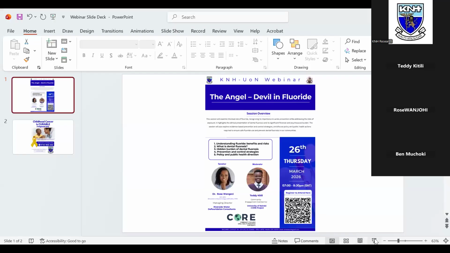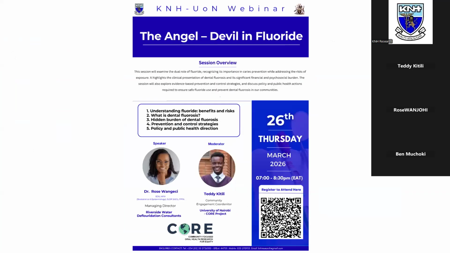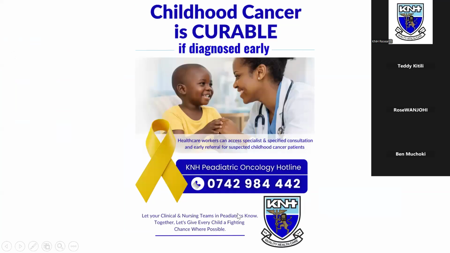So as clinicians, let us differentiate two things. Let us not tell people in regions with high fluoride to take high fluoride to prevent dental decay. No, we are saying very high fluoride will give you dental fluorosis and skeletal fluorosis.